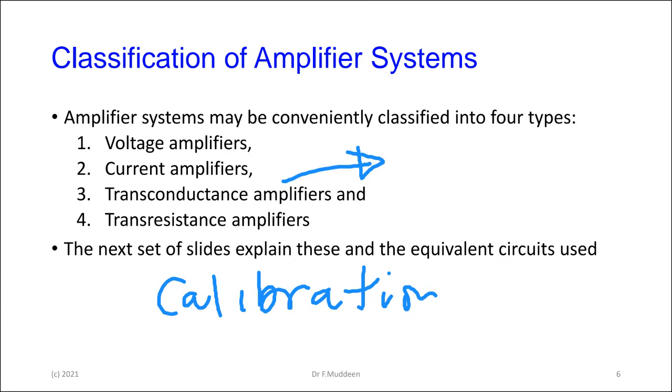In companies that calibrate these multimeters, like makers of multimeters such as Fluke, they have a huge transconductance amplifier. It's a big, heavy device because of the circuitry involved.